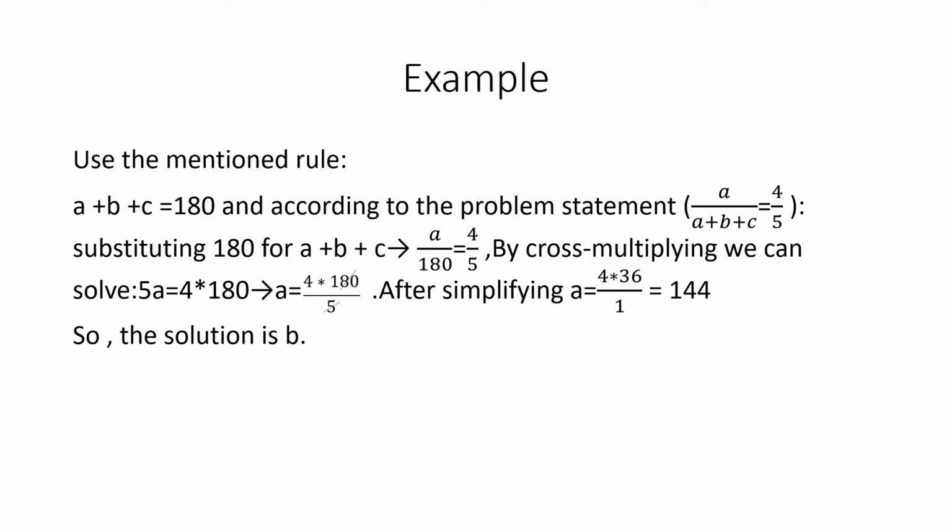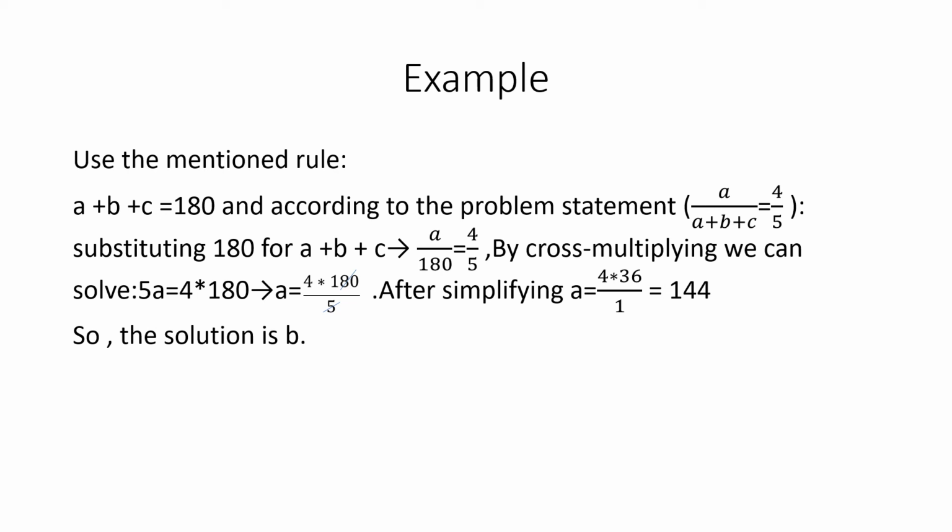For solving this problem, you need to use the mentioned rule, as I told you, I mean A plus B plus C equals 180. And according to the problem statement, A divided by A plus B plus C equals 4/5.